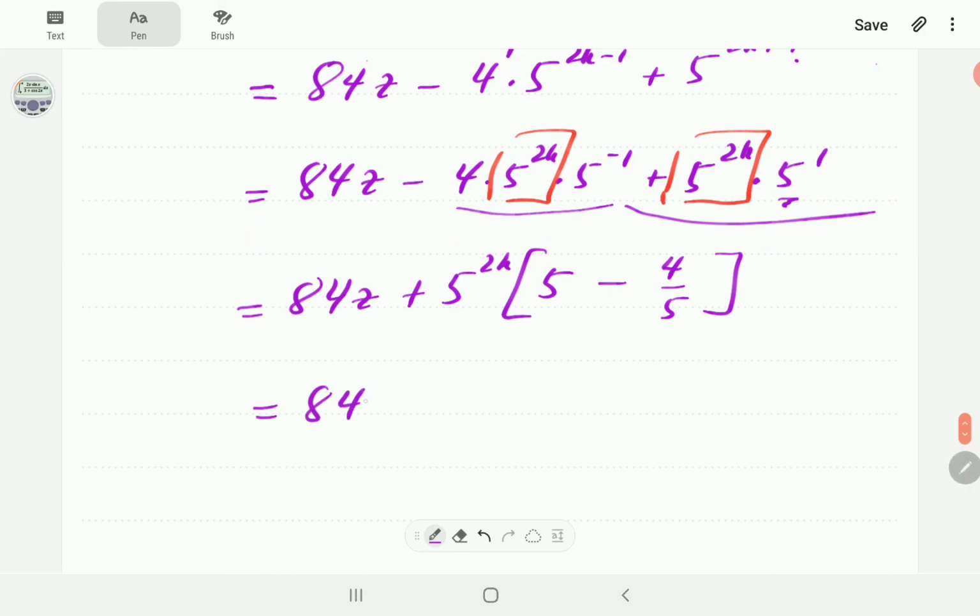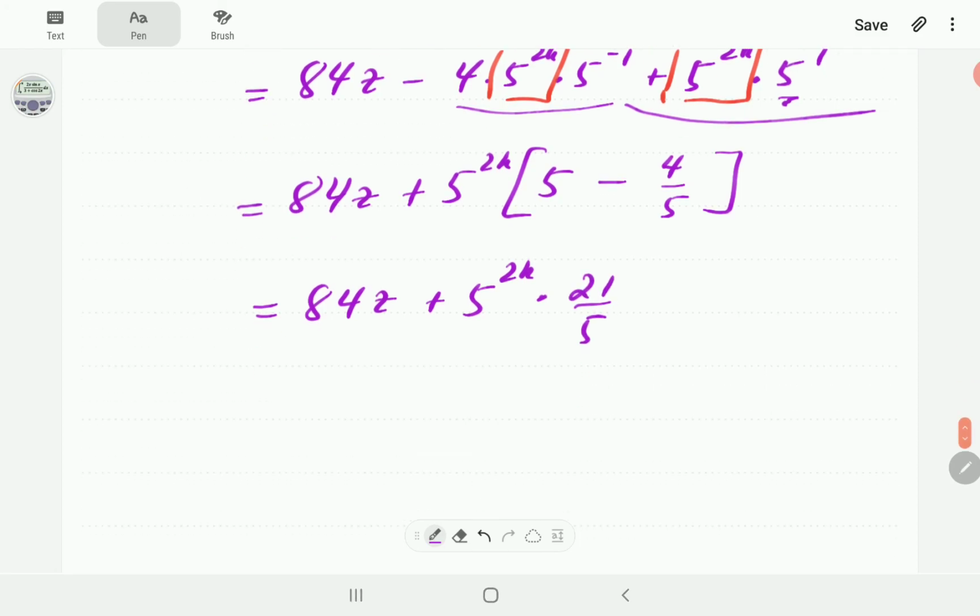So this is going to be 84z plus 5 to the power 2k. If we write this as one fraction, that's going to be 25 minus 4. So this is going to be 21 over 5.